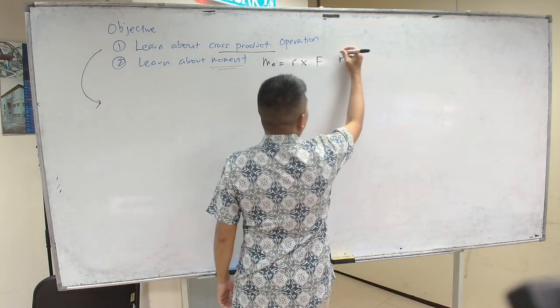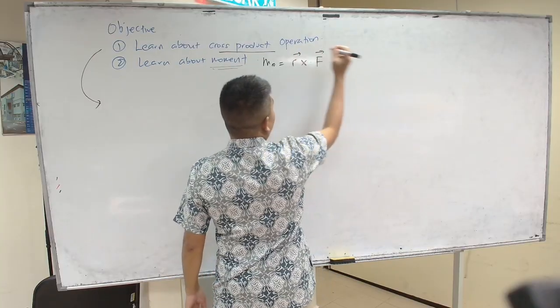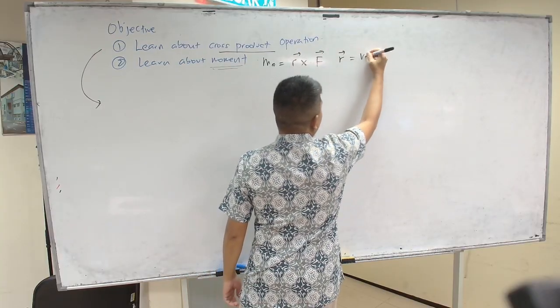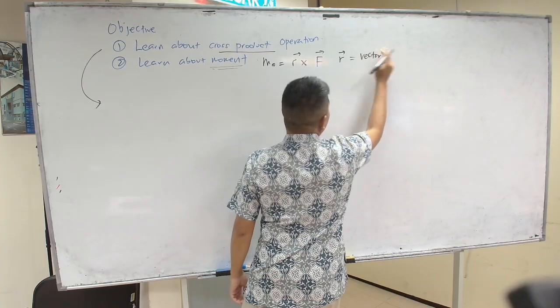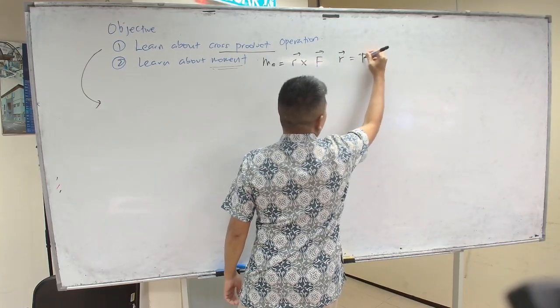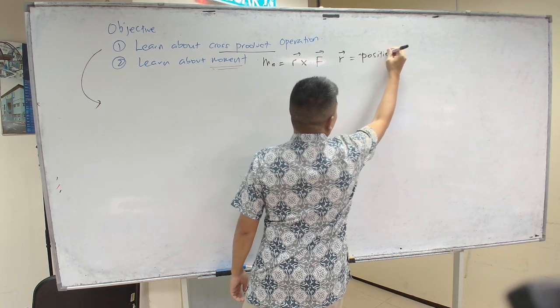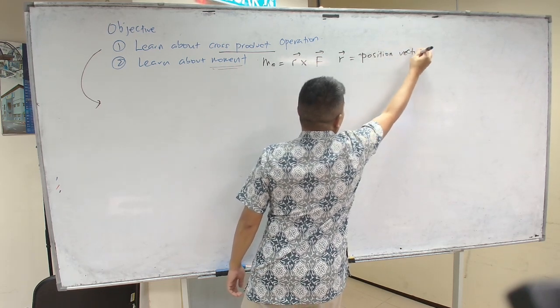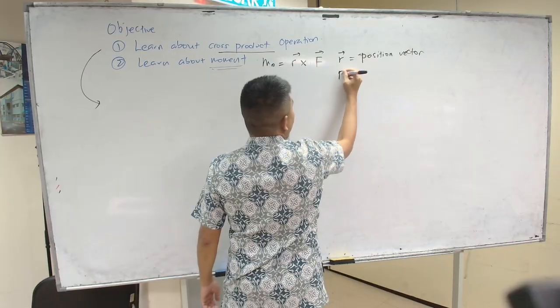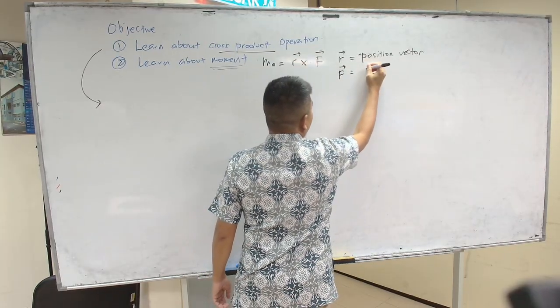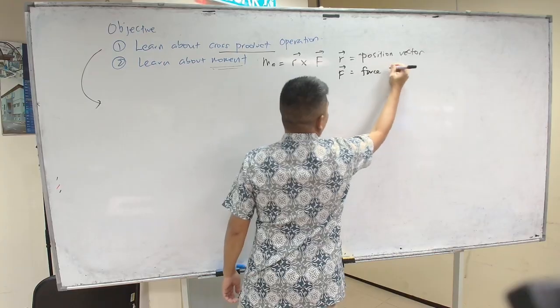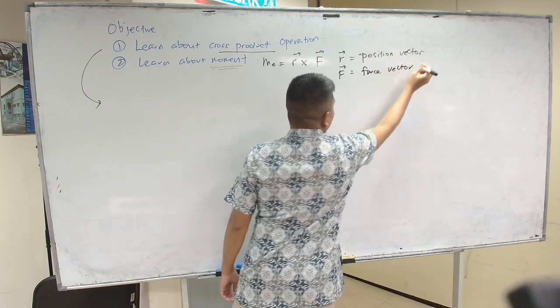R represents the position vector, and F is the force vector. Okay.